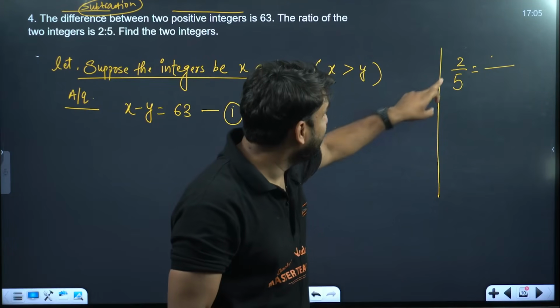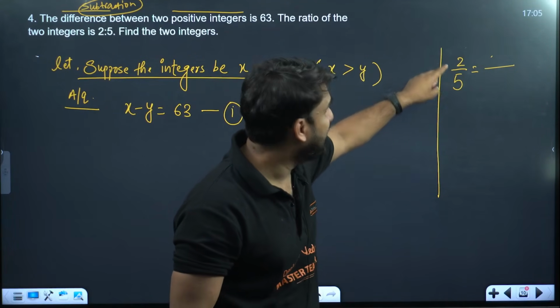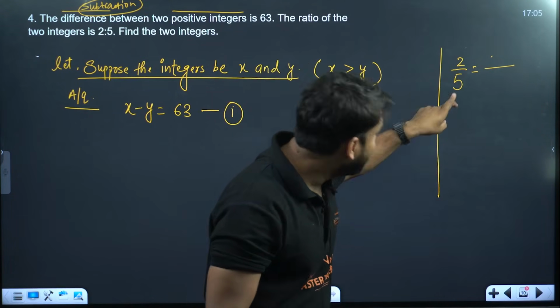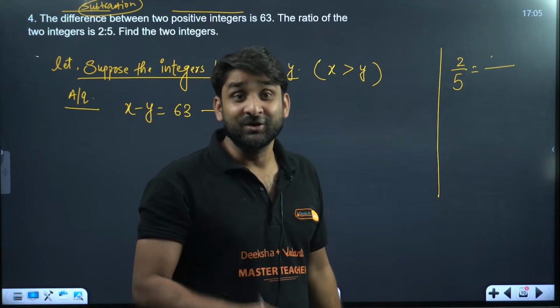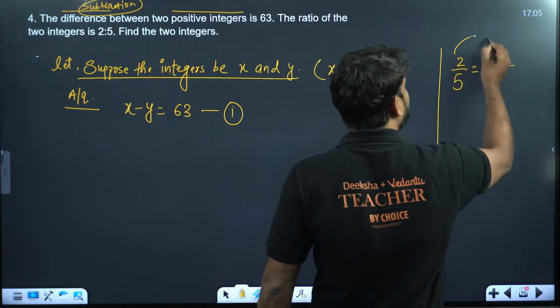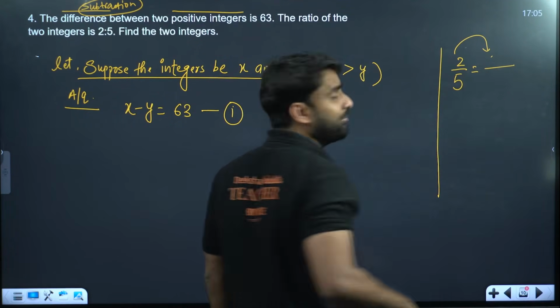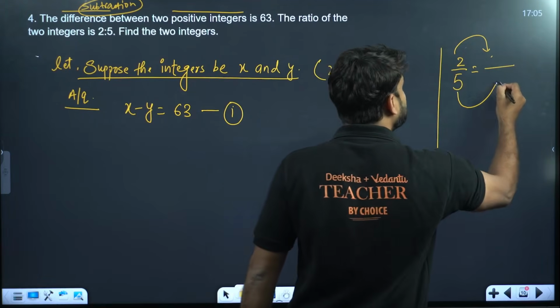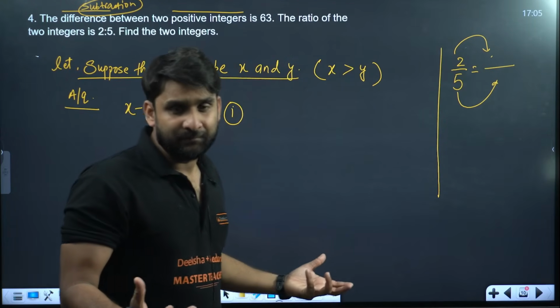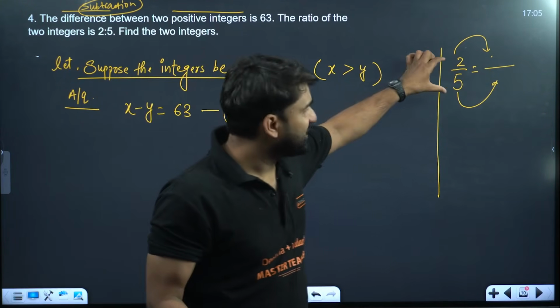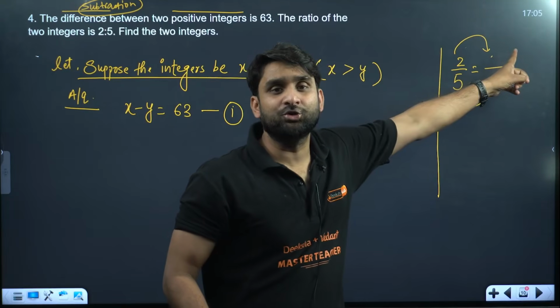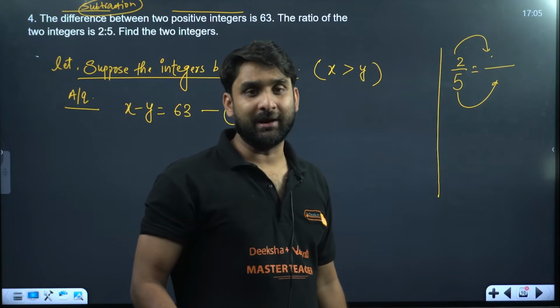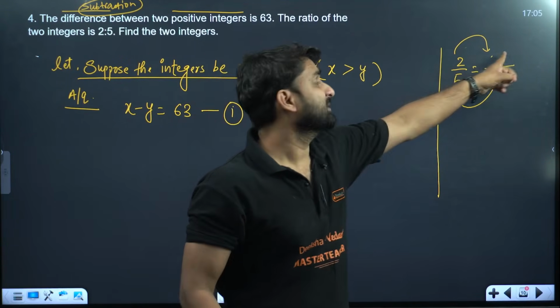But my dear, if the ratio has a smaller number in the numerator and a greater number in the denominator, it implies that here also the numerator should be smaller and the denominator should be greater. Of course, this ratio will decide whether the numerator or the denominator should be greater. So 2 is smaller, so this number will be smaller.